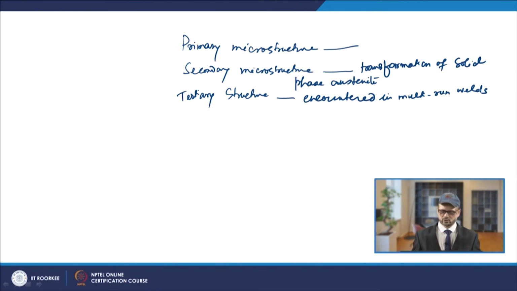Apart from that, as we talked, you have the formation of delta ferrite or austenite, which is part of the secondary structure, and we need to be conversant with these phases which are formed in the weld, because by looking at the structure or microstructure, you can do the analysis and proper justification with regard to the properties of the materials.